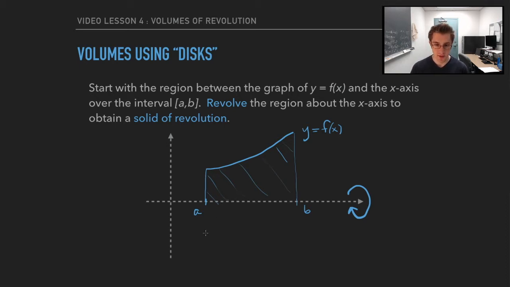So I'll attempt to draw that shape. So the object that I get here is sort of like a volcano lying on its side, I guess.